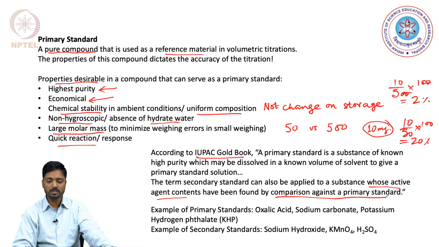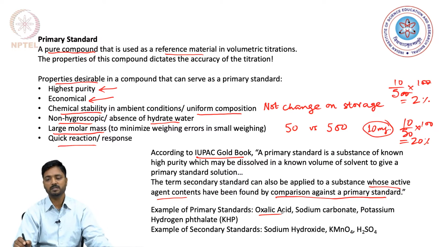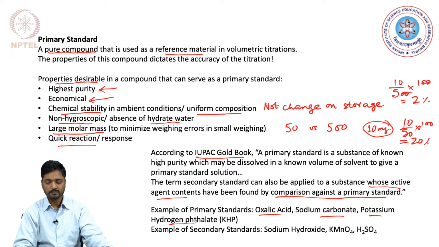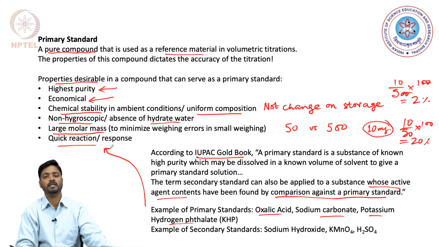What are the examples of primary standard? Oxalic acid, sodium carbonate, potassium hydrogen phthalate. These are three examples of chemical compounds which are considered primary standards based on the properties that we have enlisted here.